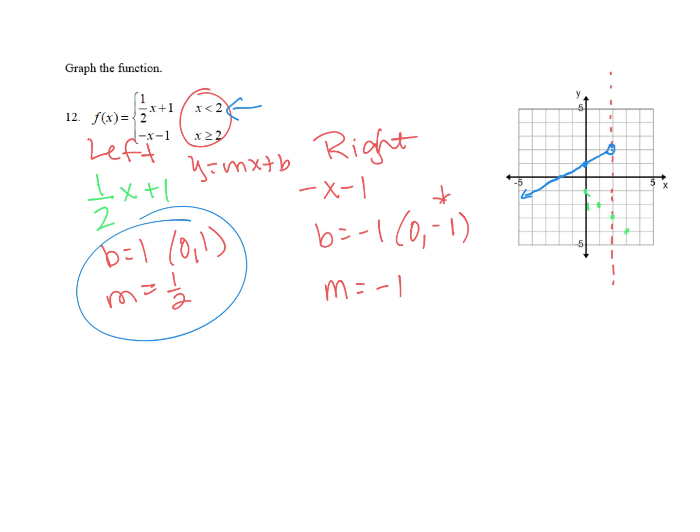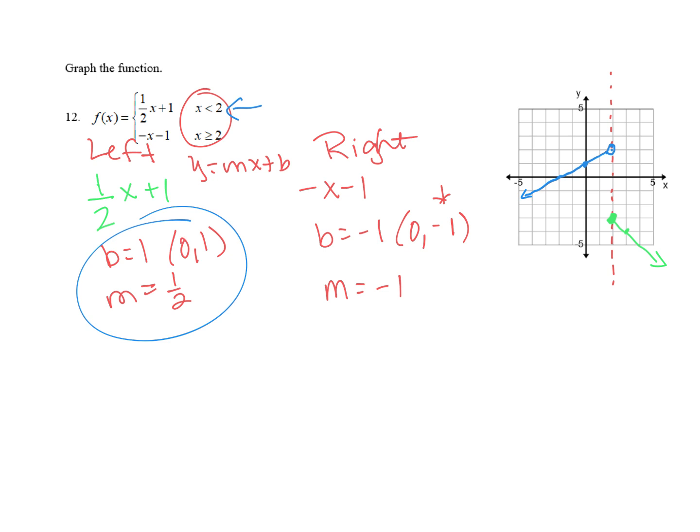So my line goes that way. But my line doesn't need to start until this point right here because it's greater than or equal to 2.